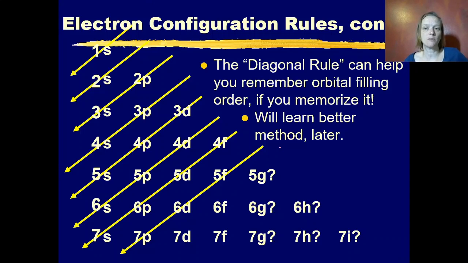So first comes 1s, then comes 2s, then comes 2p and 3s, then comes 3p and 4s, then comes 3d, 4p, 5s.